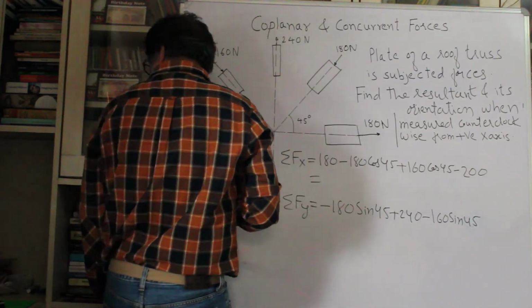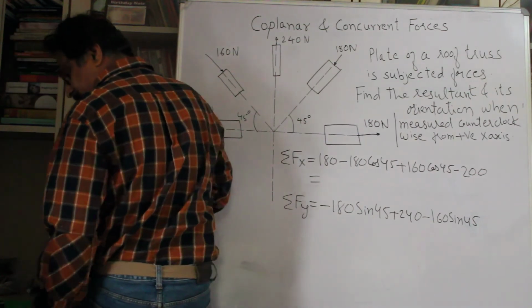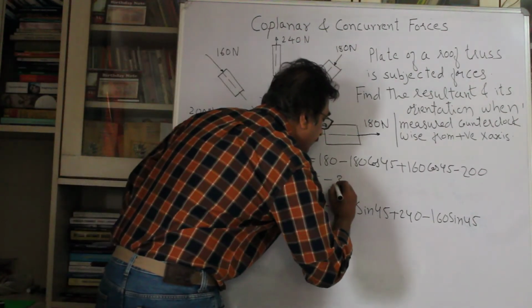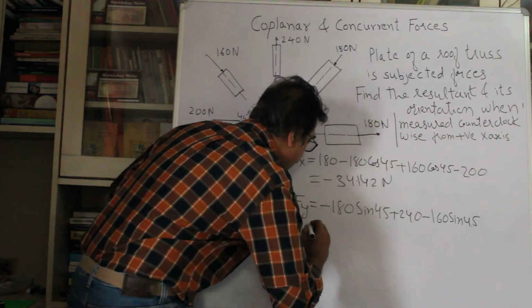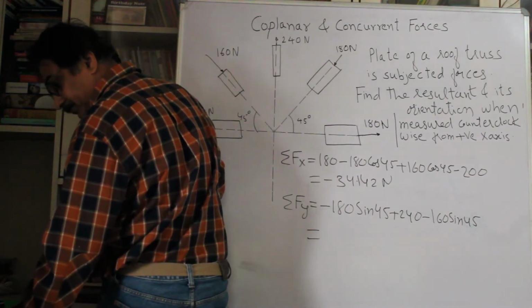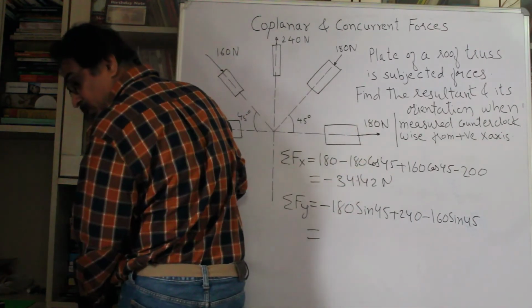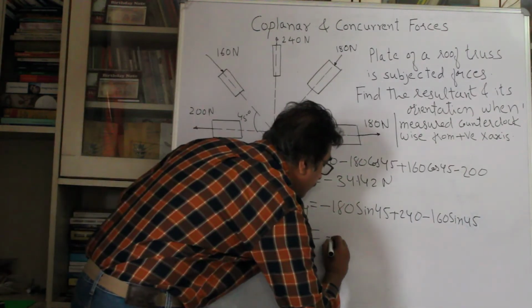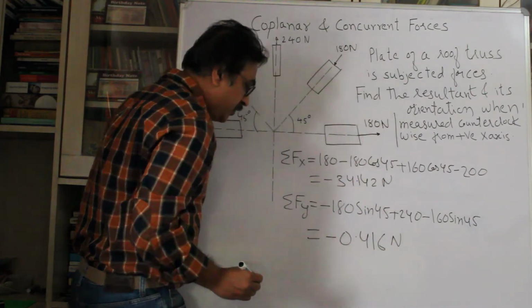I'll just directly write down the value. Sigma Fx is minus 34.142 newton, and sigma Fy is also minus, minus 0.416 newton.